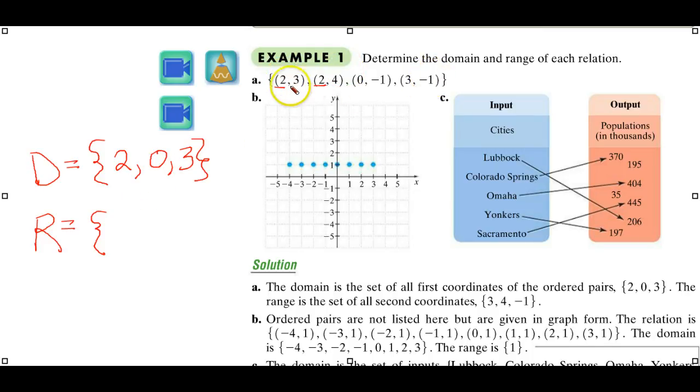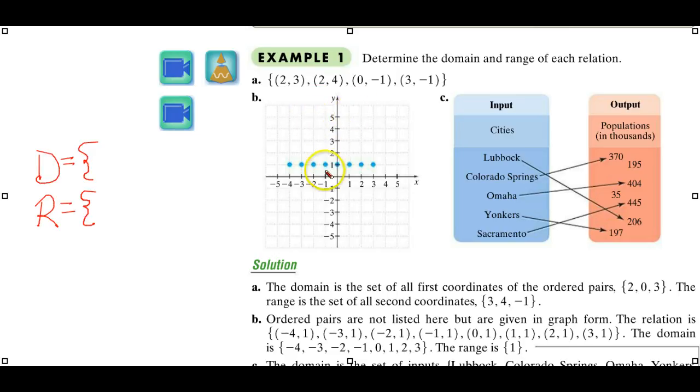Now for the range, we have a 3, a 4, a -1 is repeated. We only write it once. Now in example B, we're picking up on our x elements. So it would be a -4, -3, -2, -1, 0, 1, 2, 3.